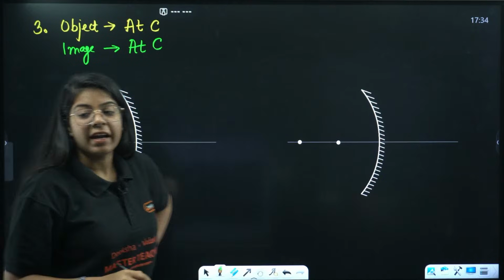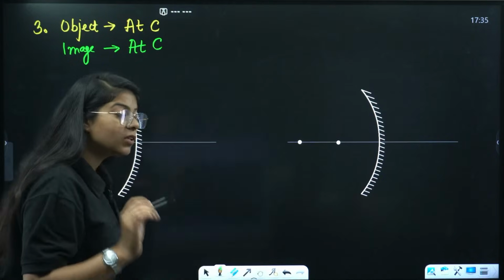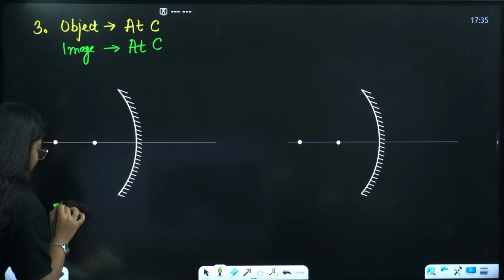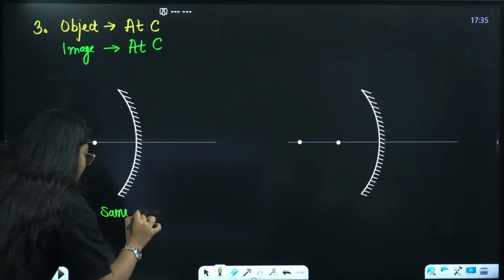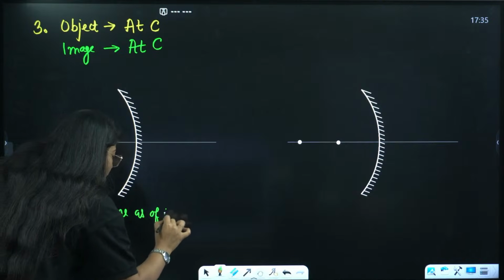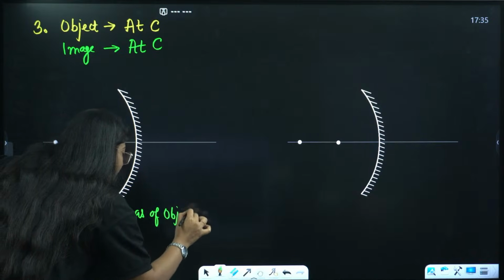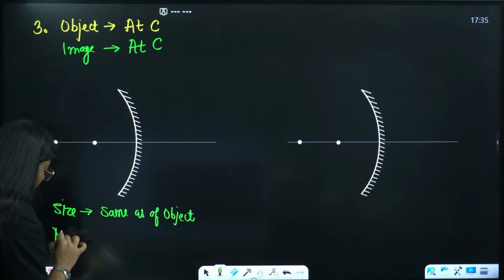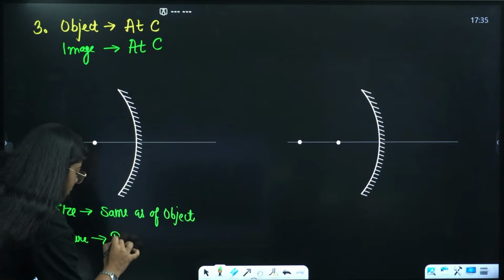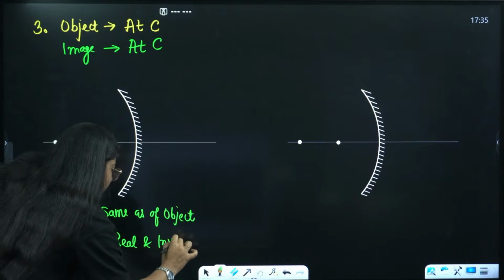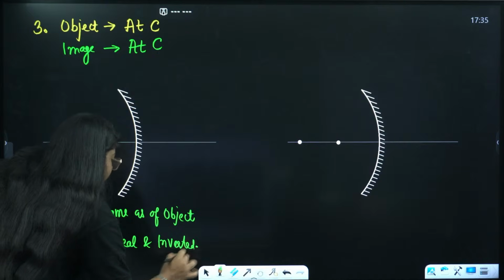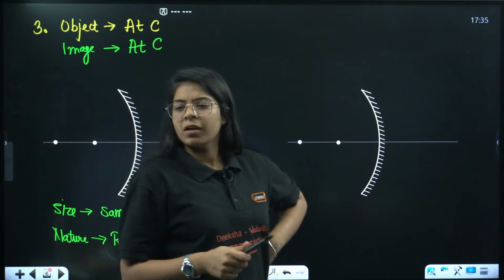And Yuvan said that the image will be of the same size. Size will be same as of object. And then the nature will be real and inverted. Let's see if Yuvan is right or not.